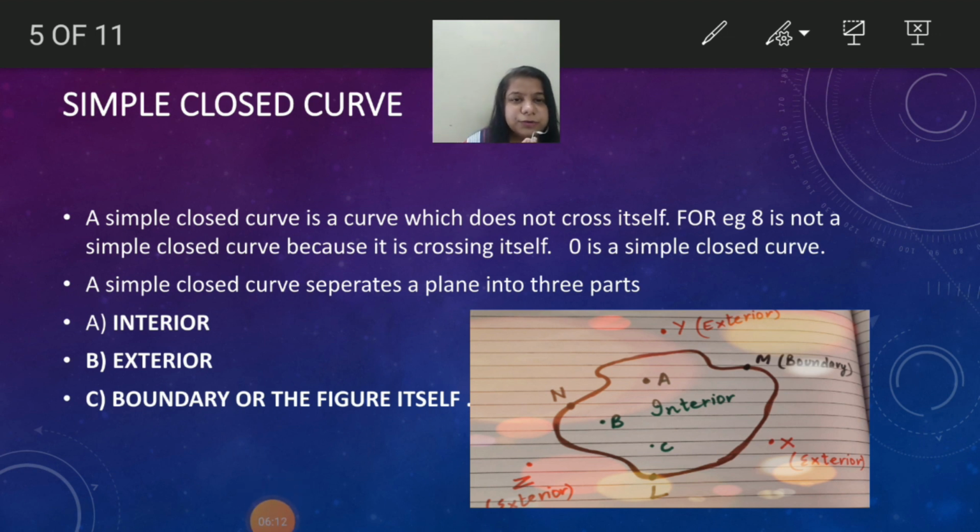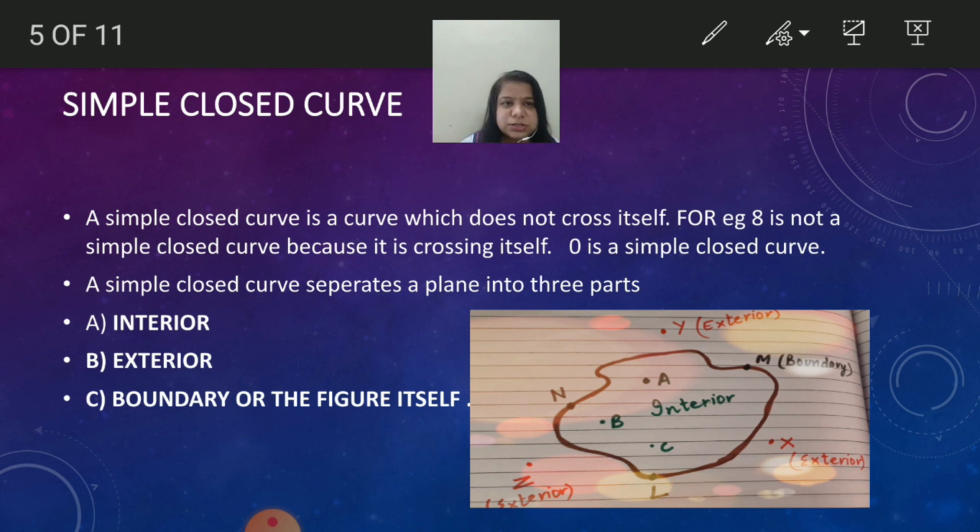So we have discussed what simple closed and simple open curves are. Now a simple closed curve separates a plane into three parts. One is the interior, you can see in the picture. Inside the boundary of the curve, all this part is called the interior of the curve.